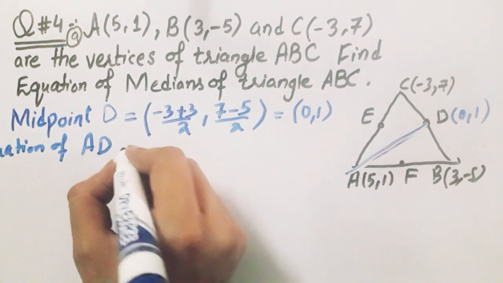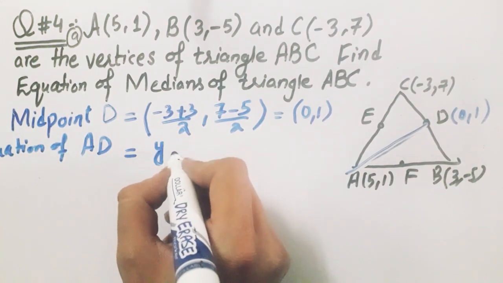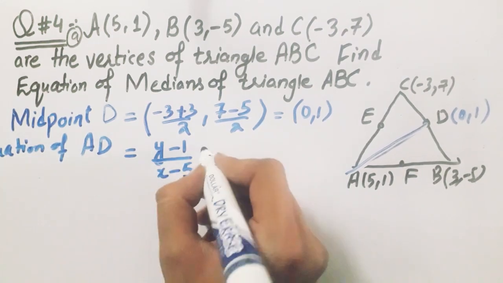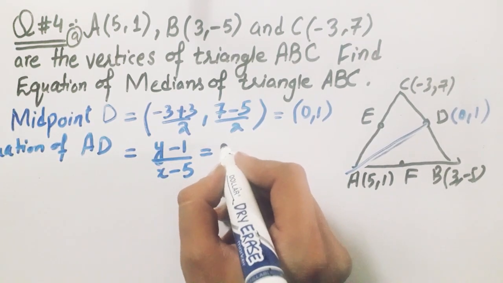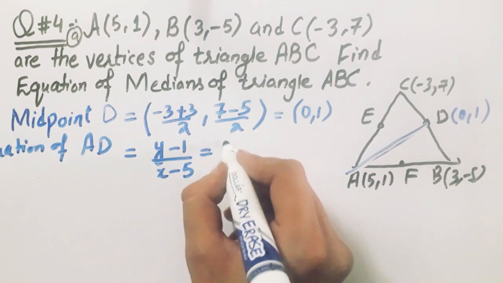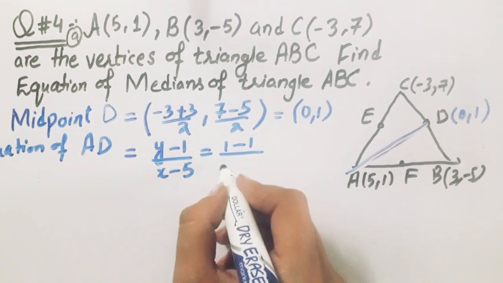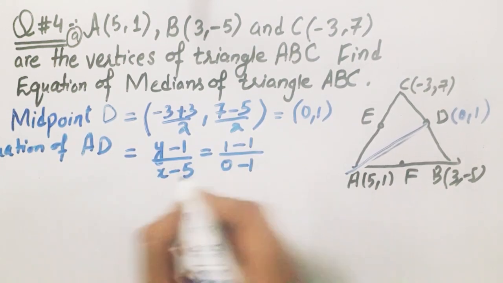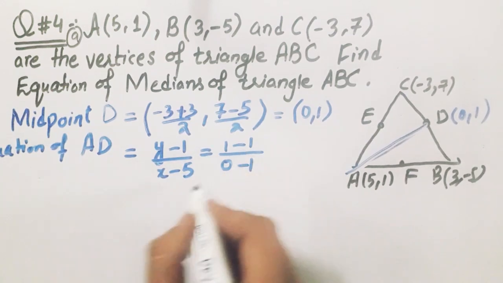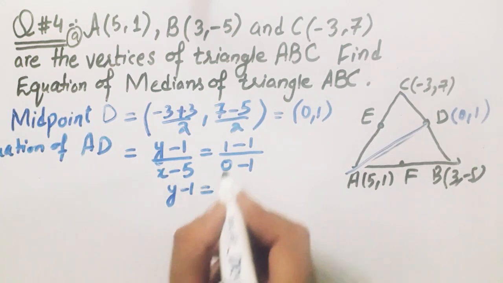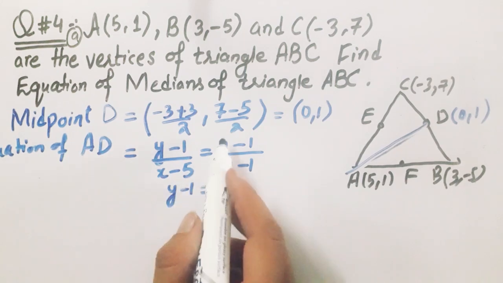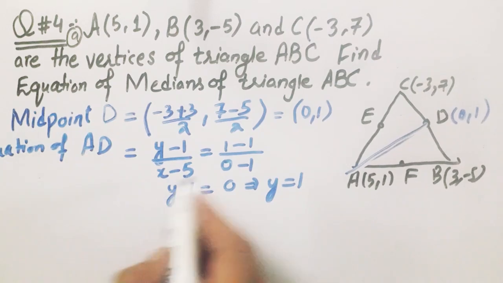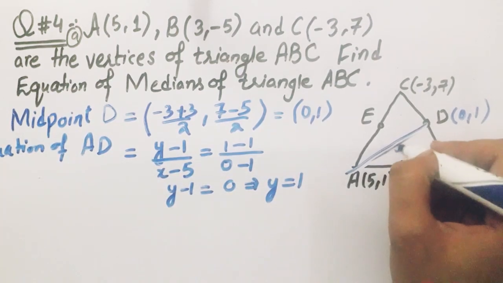So this is equal to y minus y1, means y minus 1, and x minus x1, means x minus 5, which is equal to y2 minus y1, means 1 minus 1, and x2 minus x1, means 0 minus 5. So 1 minus 1 is 0, so this is equal to 0. So y minus 1 will be equal to 0 because x minus 5 will be multiplied by this, and we get y is equal to 1. So this is the equation of AD. Y is equal to 1.